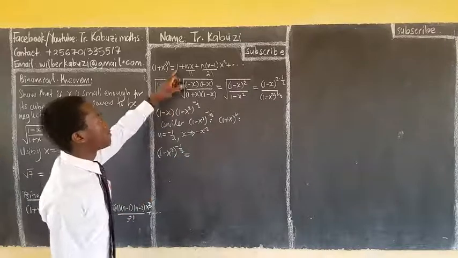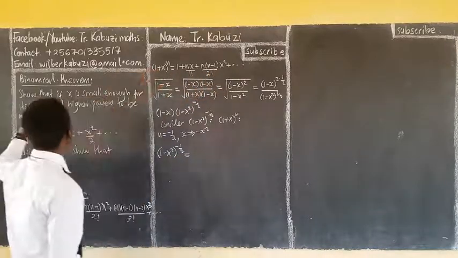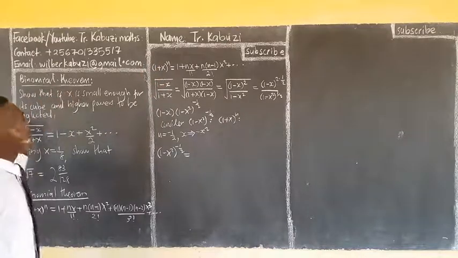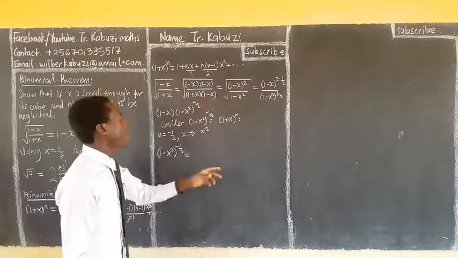Now we are putting in this formula. Why am I stopping like this? Because they told us that the cube powers and higher powers are neglected. That's why I shortcut at x squared.